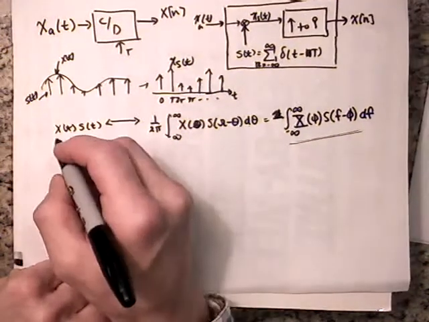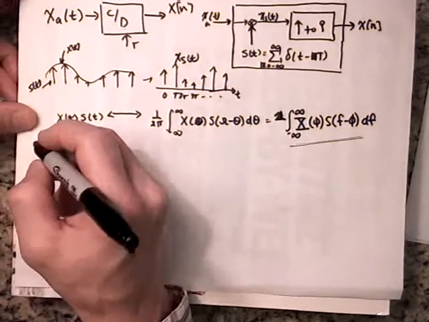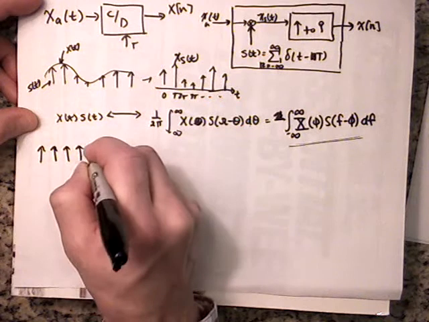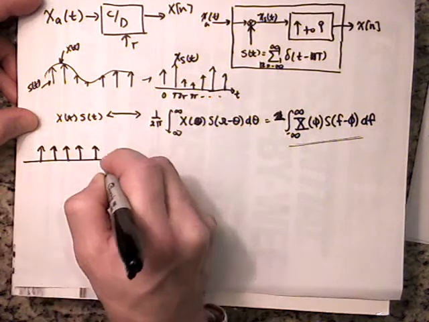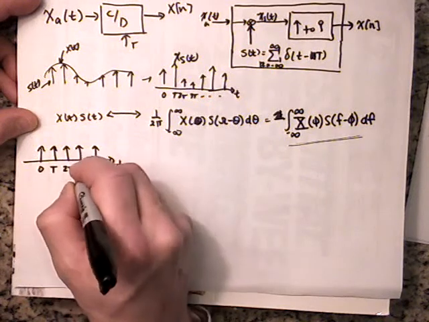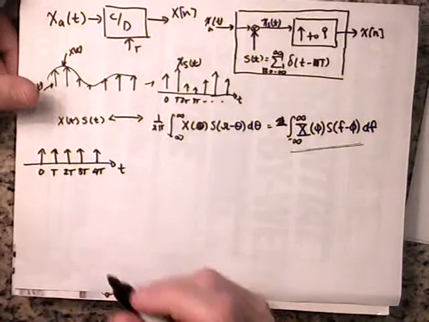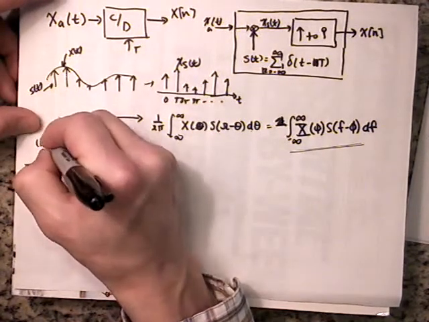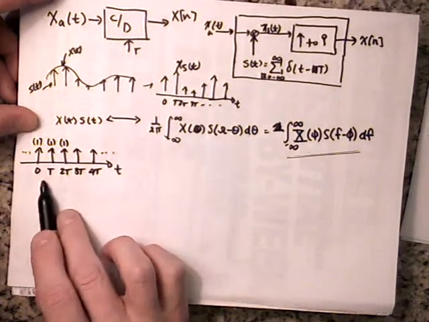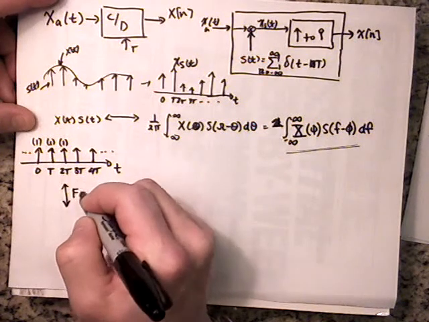So let's go back and look again at that relationship. If I have a periodic impulse train, I'm not going to prove it to you, I just need you to accept on faith that if I have a periodic impulse train with impulses that are area 1 every capital T seconds, then that has a Fourier transform.